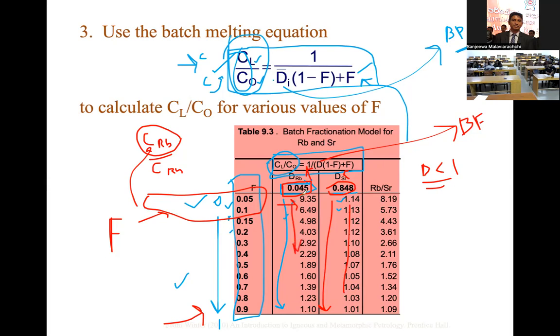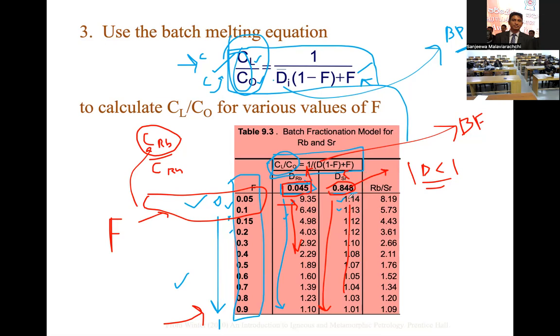It's highly changing. That is the reason: the higher value of the partition coefficient affects this. So relative to strontium, rubidium behaves very abruptly.